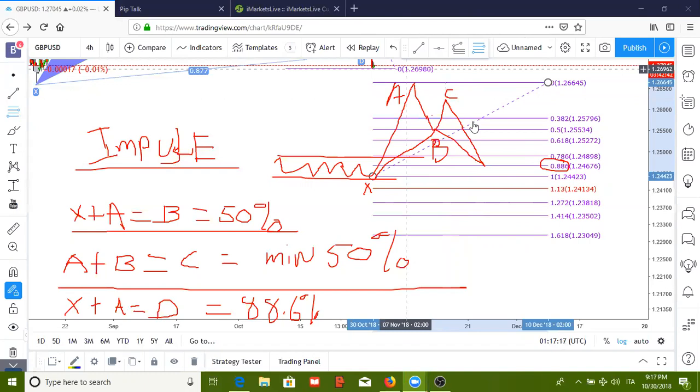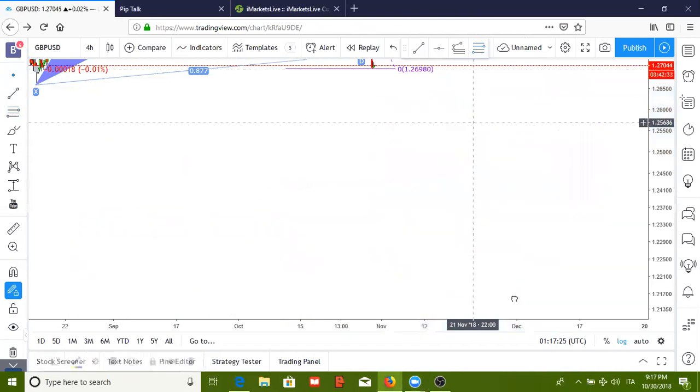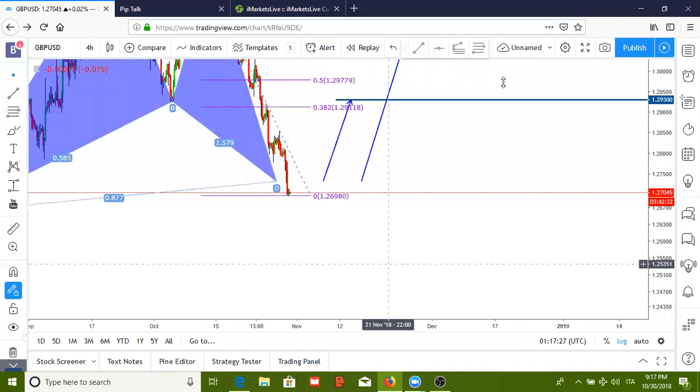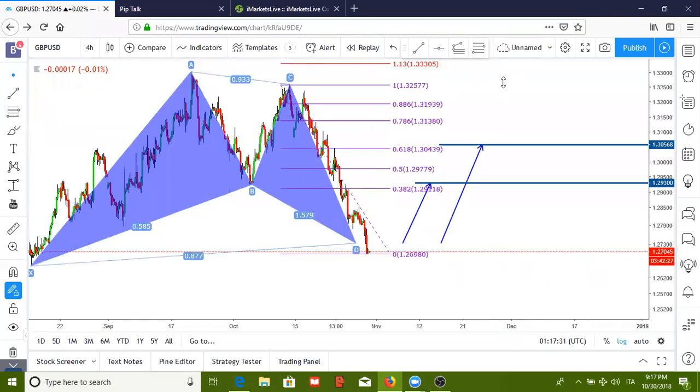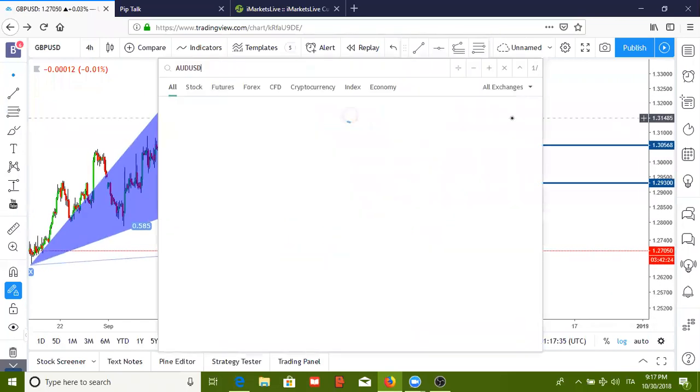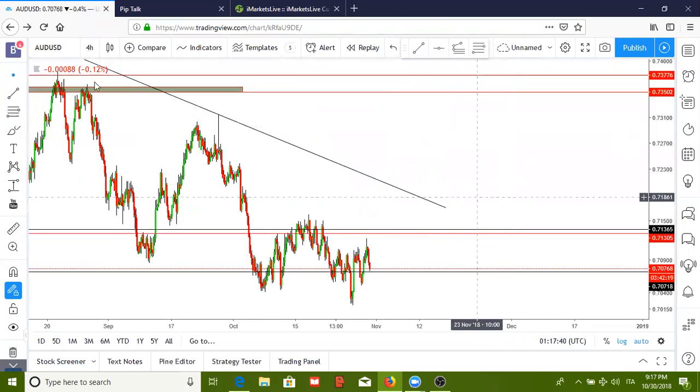And now let's go to the actual chart and mark this up on the actual chart so you all can see. But first, I want to go check out this trade real quick because I was actually just in it for a sell. AUD USD. Let me go down to a lower time frame.